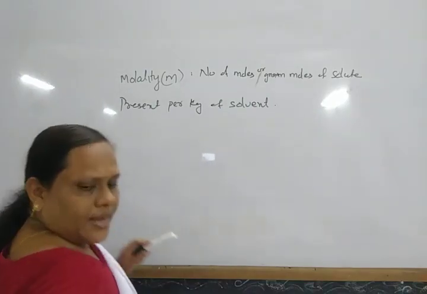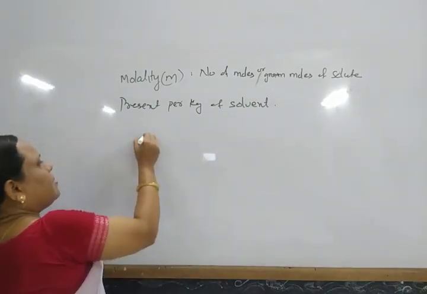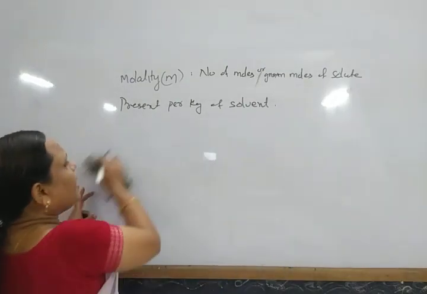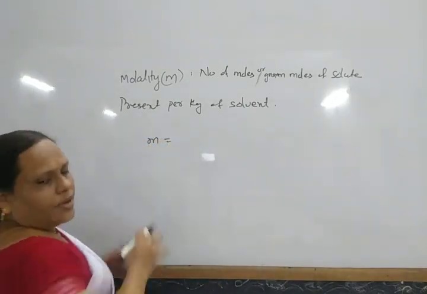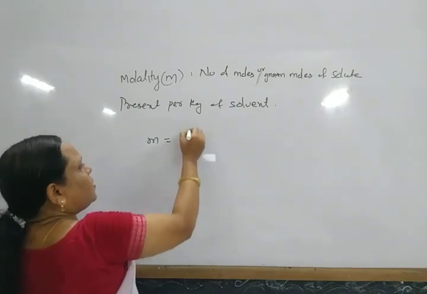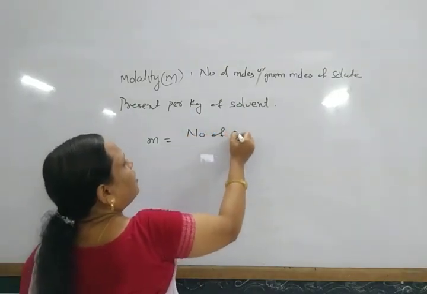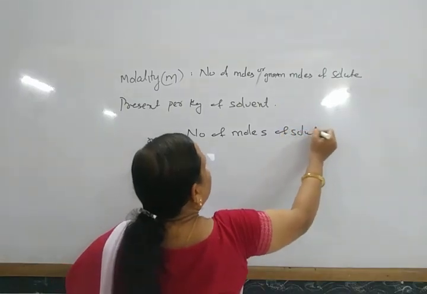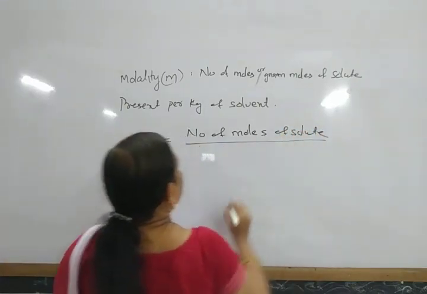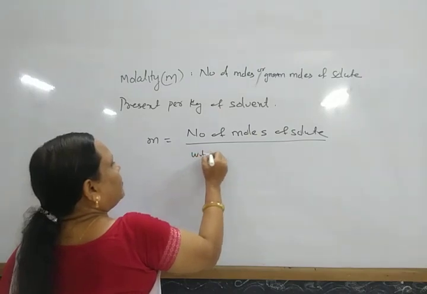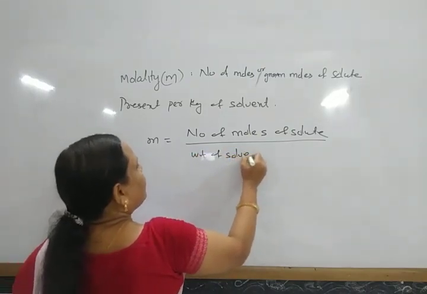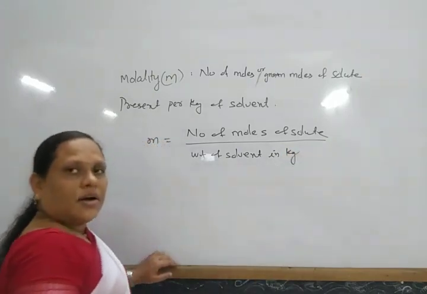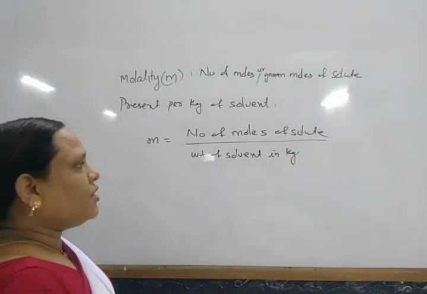So how can we express it mathematically? Molality m equals number of moles of solute divided by weight of solvent in kg, or per kg of solvent.